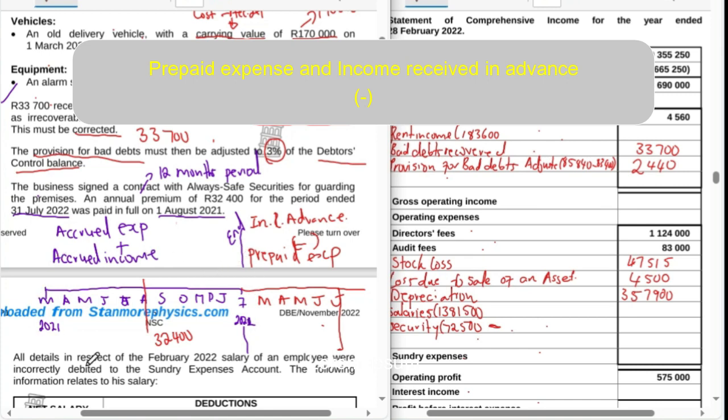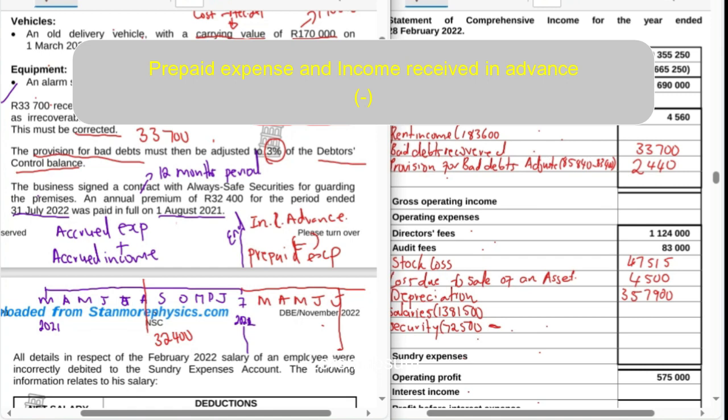And in accounting, we stick within the 12 months rule. Anything that is more than the 12 months must be subtracted. So this amount of money, 32,400, is for a 12 months period. Let's make sure. 1st August, September, October, November, December, January, February, March, April, May, June, July. Then it's 1, 2, 3, 4, 5, 6, 7, 8, 9, 10, 11, 12.